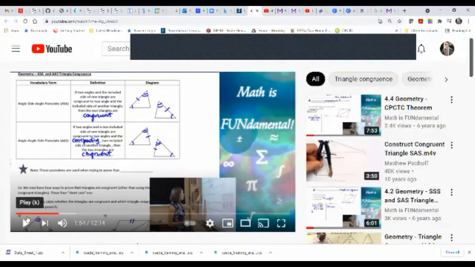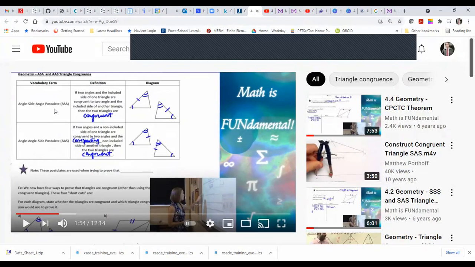So before we have the side, side, side, and then side, angle, side. Now for this one, we have angle, angle, side. Okay. So if you know the corresponding angle and side, and then the other angle congruent, so the triangles are congruent.